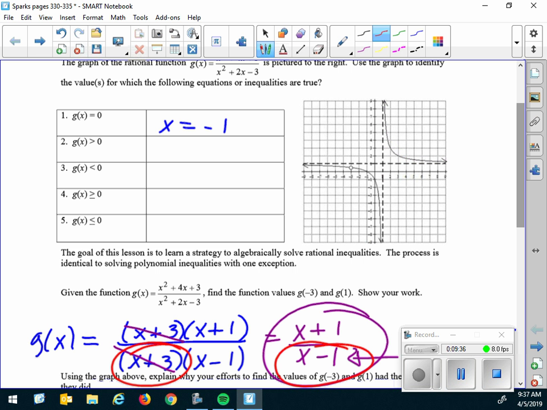Number 2, g of x is greater than 0. What's another name for g of x? How can you look at that graph and decide when y is bigger than 0? When it's above the x-axis. Good. Where do you see this graph being above the x-axis?